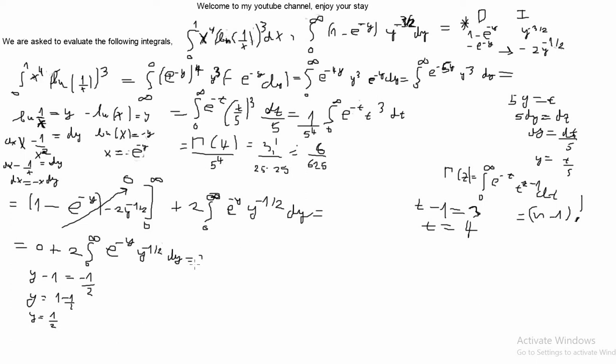So this is actually gamma of 1 over 2. I can prove why gamma of 1 over 2 is the square root of pi, but in another video, or it will get too long. So this actually equals 2 square root of pi.